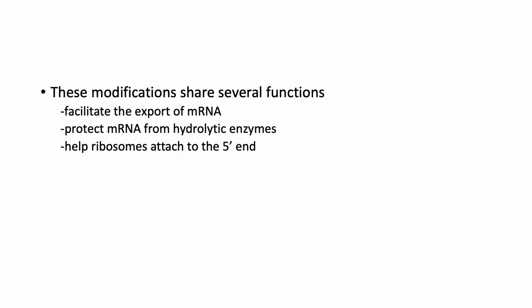These pre-mRNA modifications share several important functions. First, they facilitate the export of the messenger RNA, and then they protect the messenger RNA from hydrolytic enzymes. Lastly, these modifications help ribosomes attach to the 5' end.